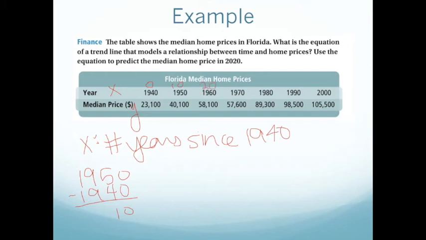That's 20. 1970 is 10 more years, so that's 30. 1980 is another 10 years, so that's 40. 1990 is another 10 years, so that's 50. 2000 would be 60. And I'm going to add in 2020, that's this year.